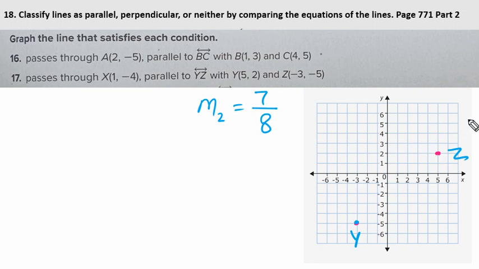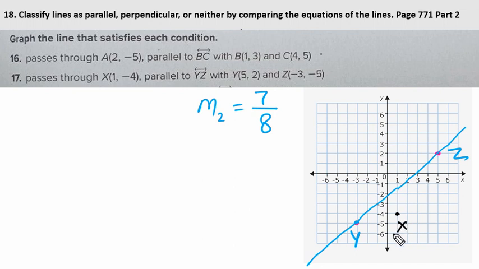Now you can just connect, because the graph space is limited, so I will just draw it roughly. So for this line the slope is 7 over 8. Now the next point is here again. X is (1, -4), so let me draw it now.